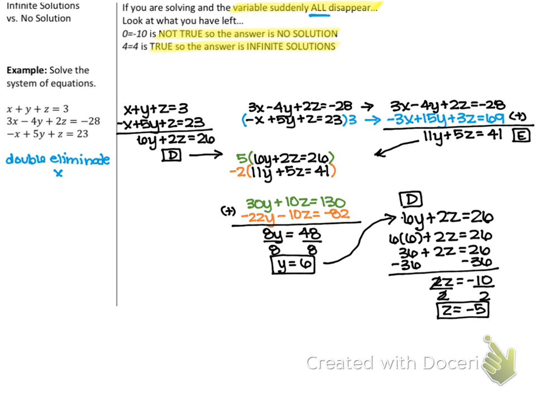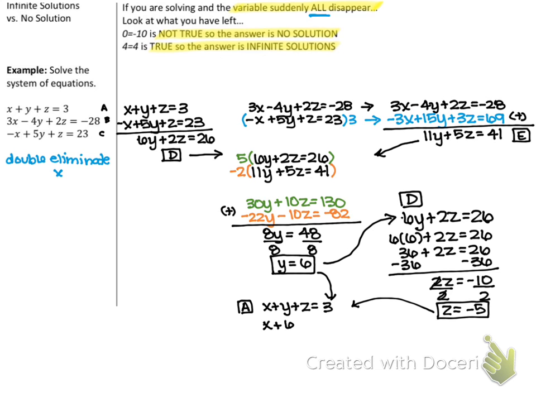And then last thing, go back to the originals. Remember, you have A, B, and C. Pick whichever one you like better. I am hands down going to use A because I think it's the easiest one. So I'm going to take my Y and my Z. I'm going to write down equation A, which was X plus Y plus Z is equal to 3. I don't know what X is.